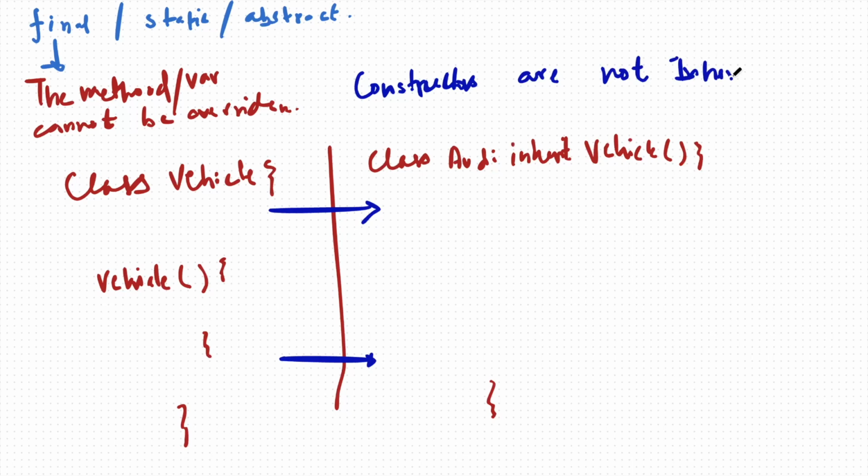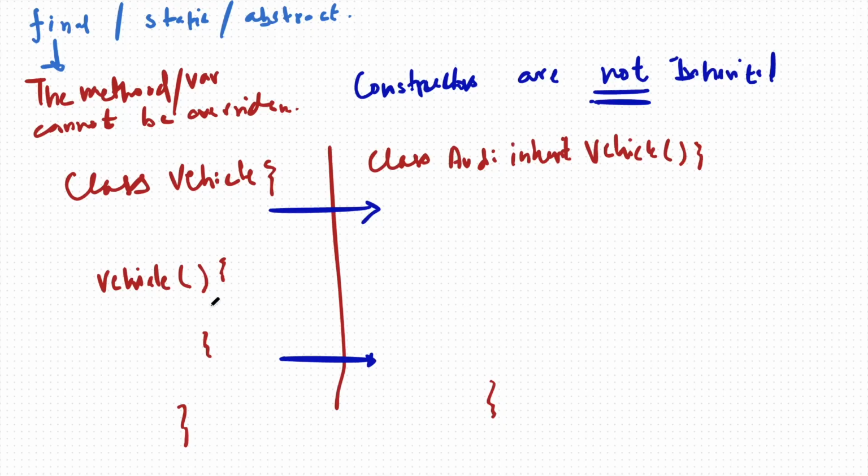Very important. It will help you in programming as well as in your interview. Very, very important that constructors are never inherited. You have to know this. Now, let's try to understand why constructors are not inherited and why it cannot be final.